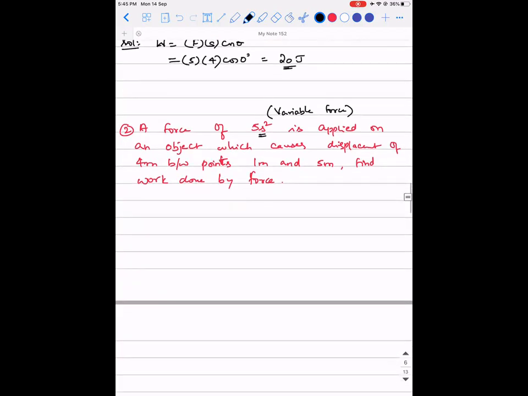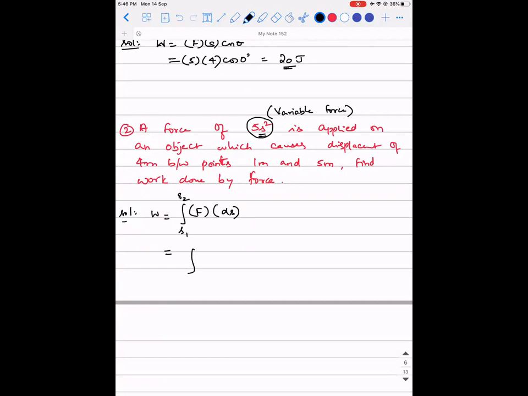Whereas in the second scenario, what is happening? Work done is equal to, since I have variable force, there is no other option, we need to introduce the integral of f into ds from where to where? S1 to S2.